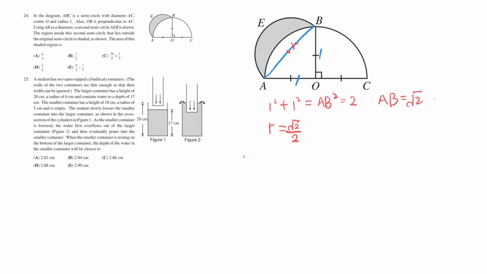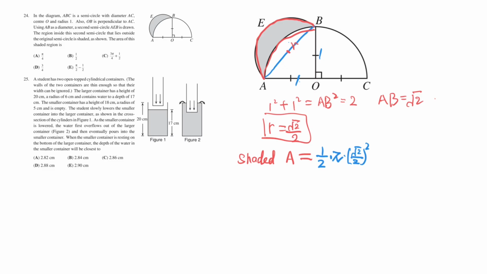Now we can find the shaded area. The shaded area is the part outside the first semicircle. So it equals the semicircle area, that's 1/2 times pi r squared, pi times root 2 over 2 squared.